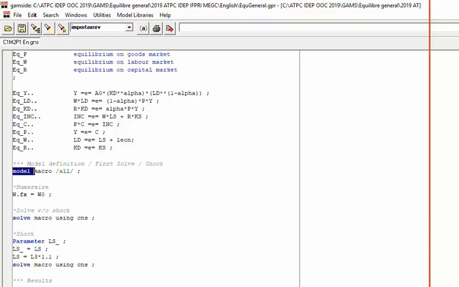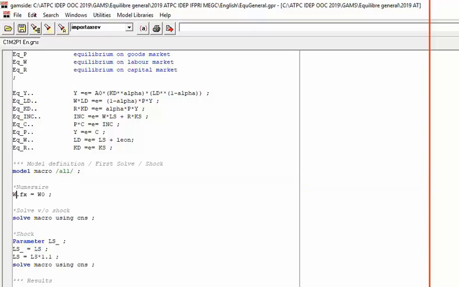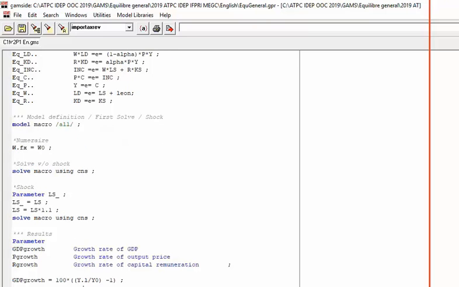I define the model which I call macro, and it consists of all equations which are in the file. And I also define the numeraire because you have in fact one more variable as compared to the number of equations, so you have to fix one price, and so the numeraire is the price of labor, the initial price of labor.